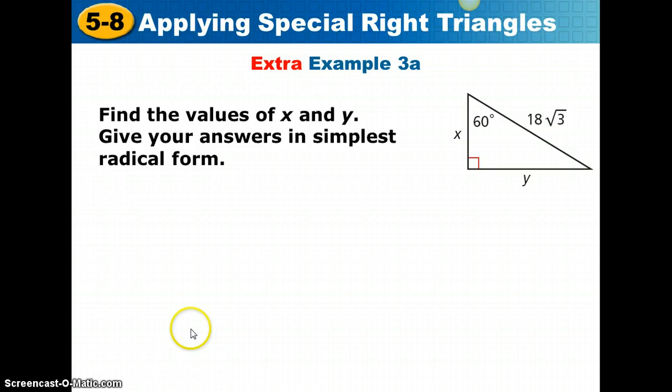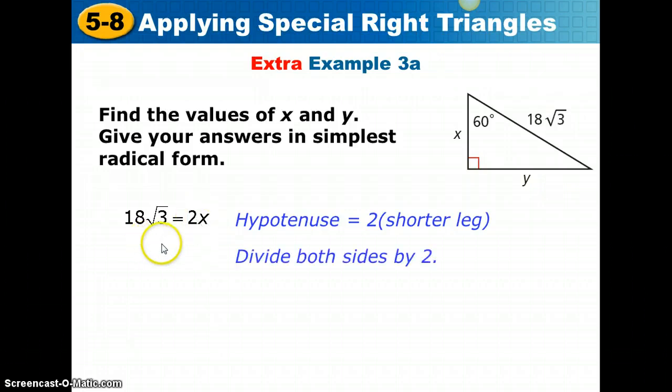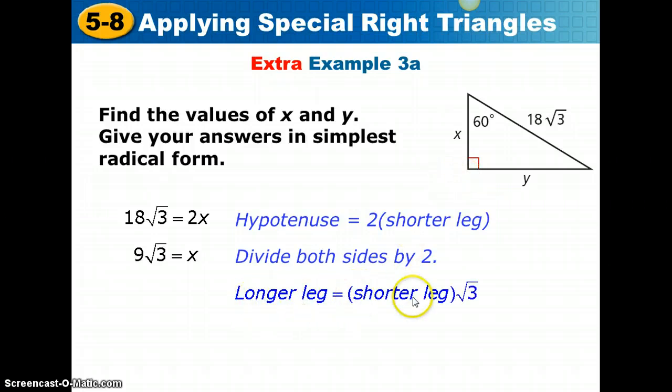Okay, if you're ready to go, we should get something like, remember, the hypotenuse equals the shorter leg times 2. So 18 root 3 equals 2 times x. To get x by itself, you divide both sides by 2. 18 divided by 2 is 9. So the shorter leg is 9 root 3. Now to find y, we use the longer leg equals the shorter leg times the square root of 3.